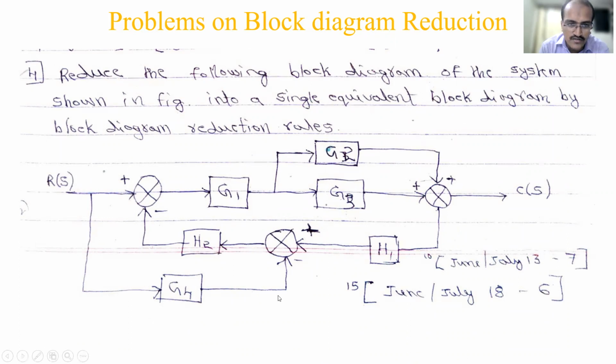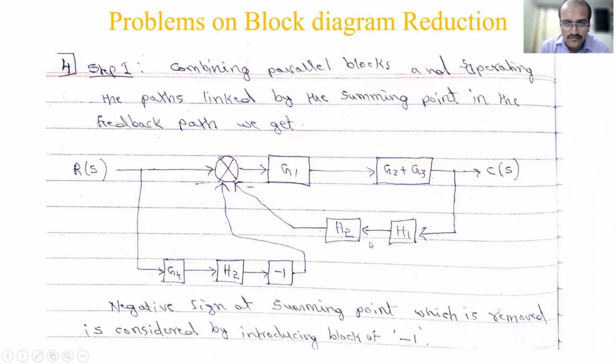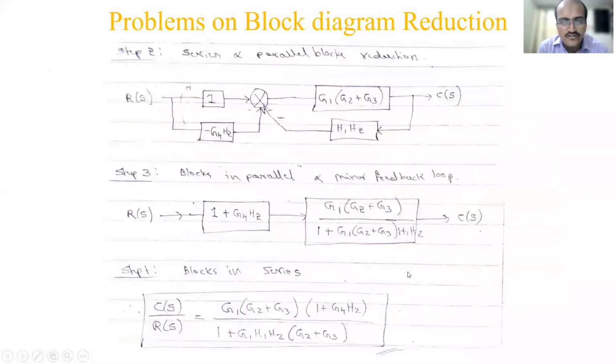Okay, and then G4 H2 is connected like this. So now G1 and G2 plus G3 are in series, H1 and H2 are in series, then G4 H2 into -1, meaning minus G4 H2, is in series, so you will get a 3 series elimination now. Okay, so series and parallel blocks reduction now.